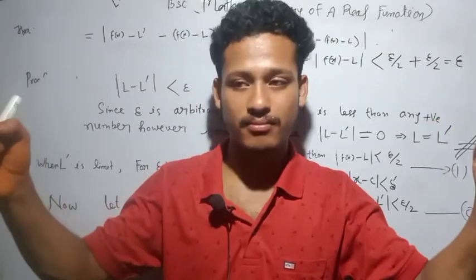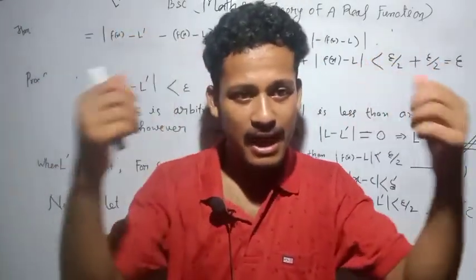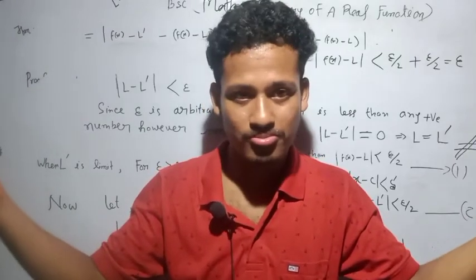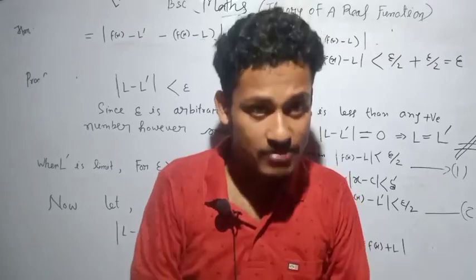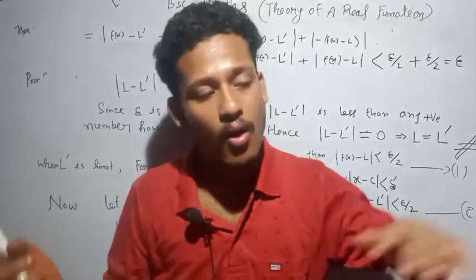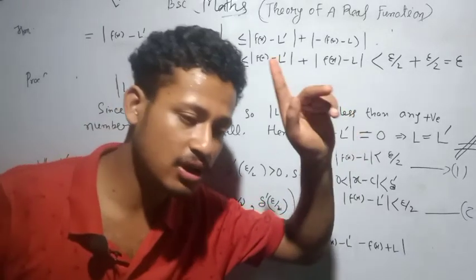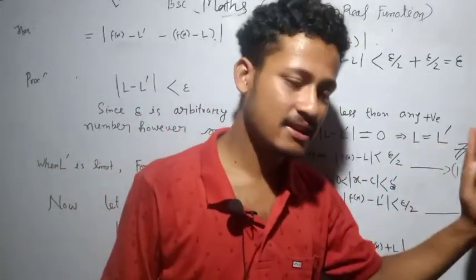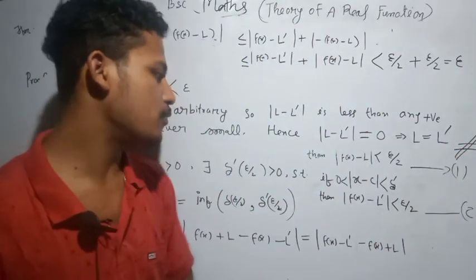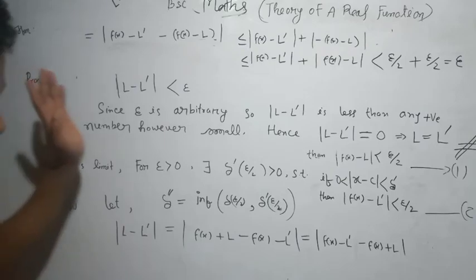If you take any two limits, they are not different. There can be only one limit, that is L. So we have proved the uniqueness of the limit theorem.